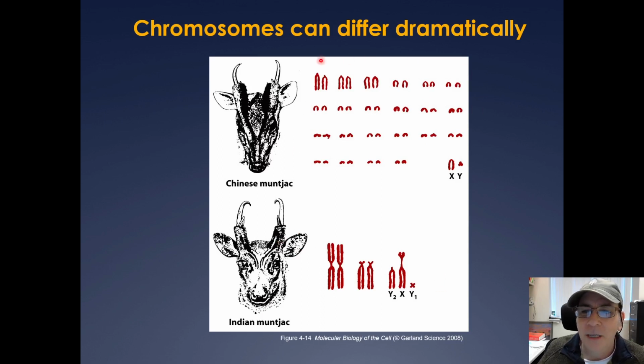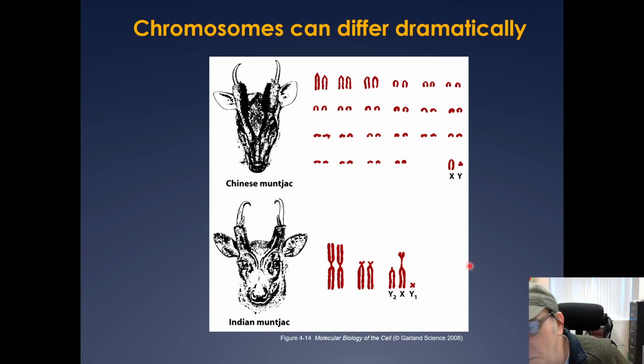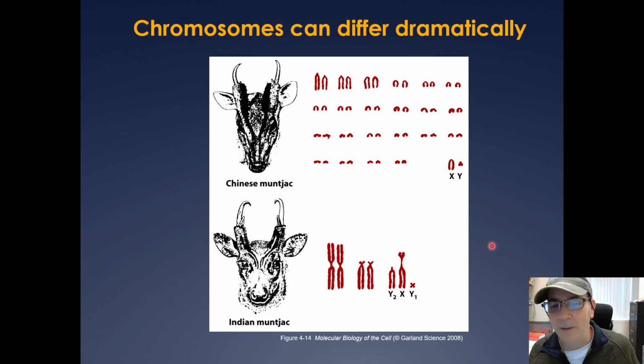Here you can see all of the chromosomes in the Chinese muntjac versus the Indian muntjac right here. Even though these organisms look very similar, their chromosomes are very, very different. So chromosomes can differ dramatically between organisms, even if they look somewhat similar or have the same evolutionary ancestors.